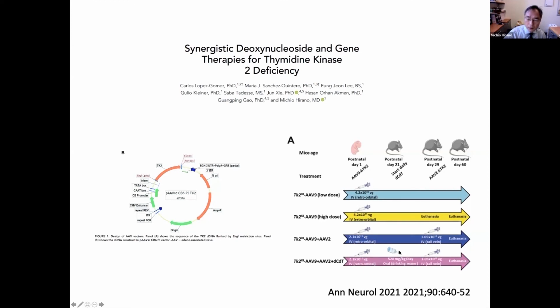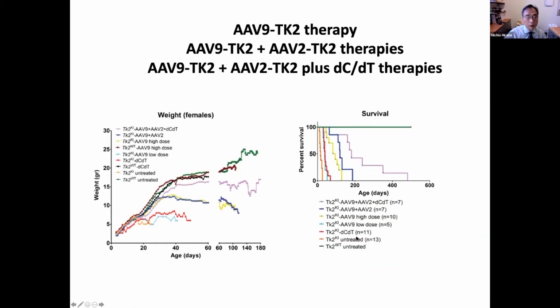And we initiate the nucleoside therapy in between the two doses as well. So it's a combination of gene and pharmacological therapy. The notion is to replace the mutant protein with the wild type, and then to give the substrate for that TK2, and that combination should be synergistic. And in fact, it is synergistic.